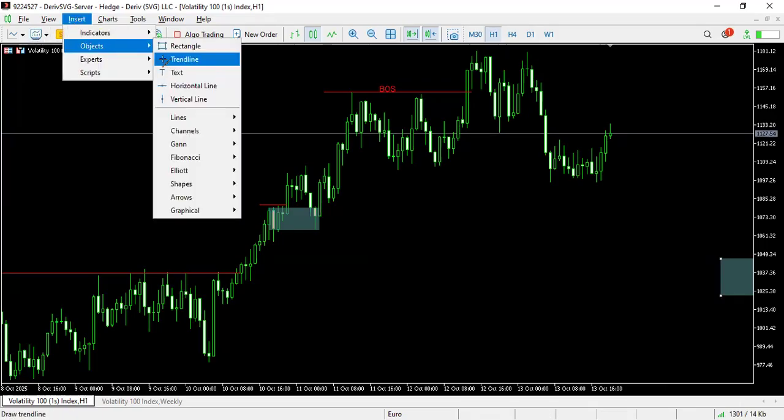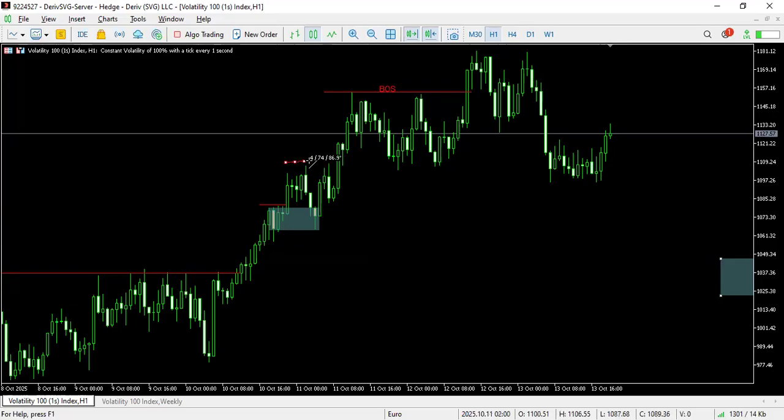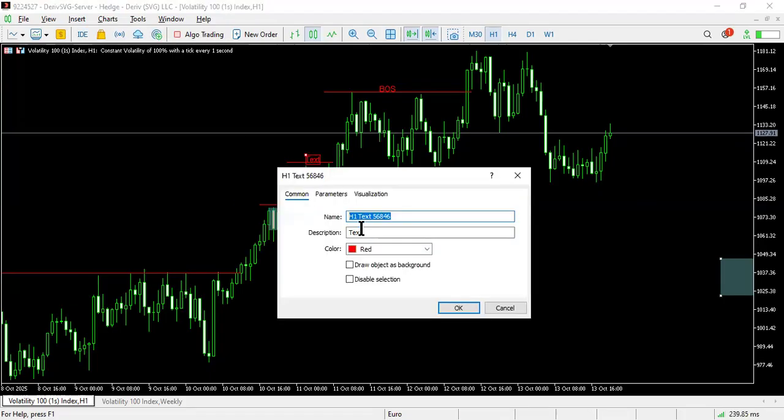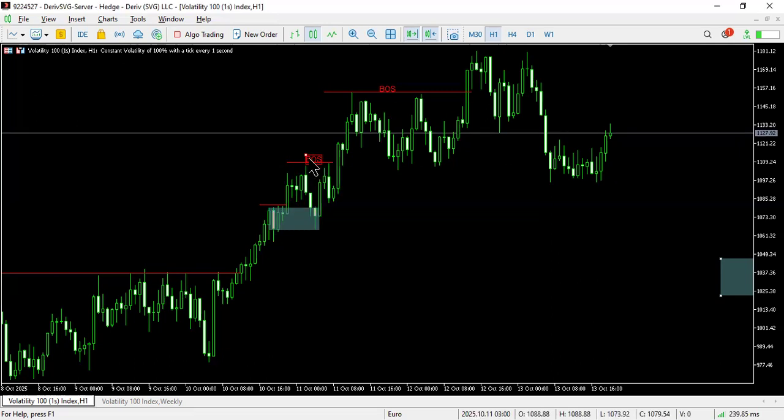We have another break of structure there. That is the break of structure.